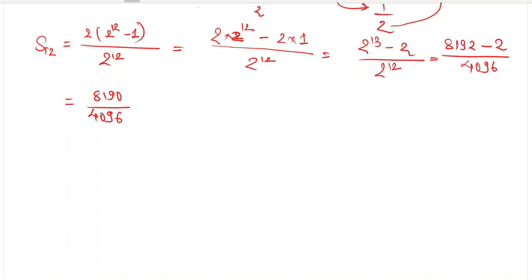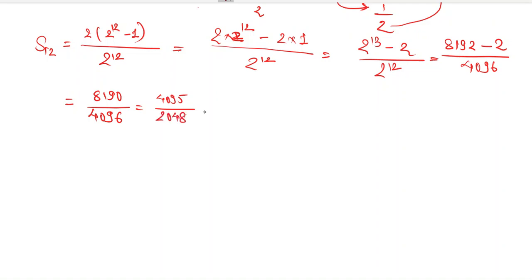First divide by 2. So 8190 divided by 2 will give you 4095, and 4096 divided by 2 will give you 2048.